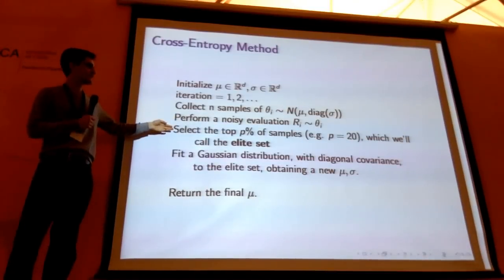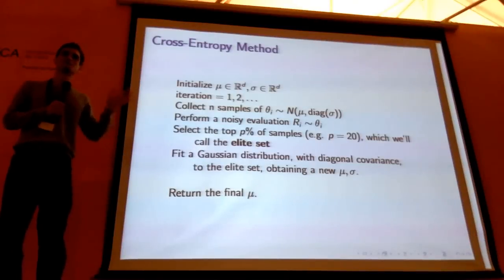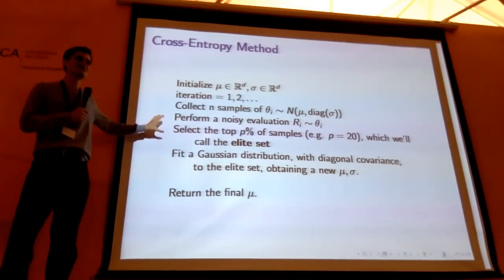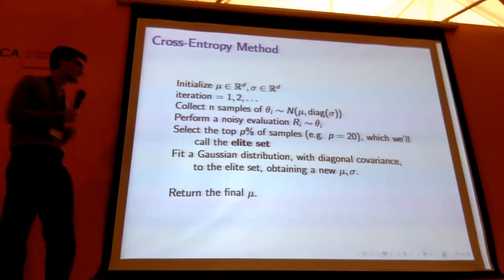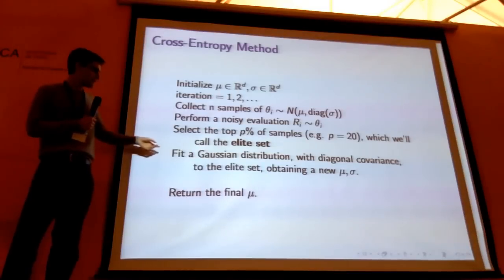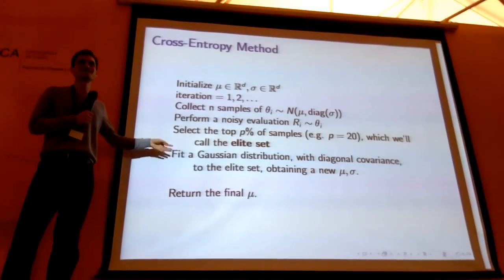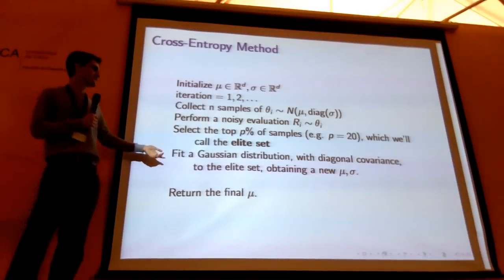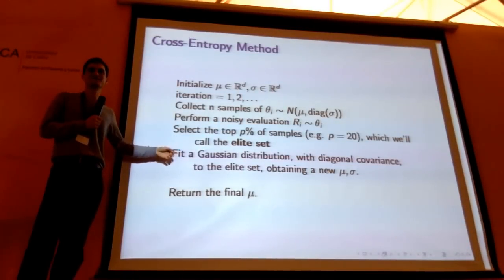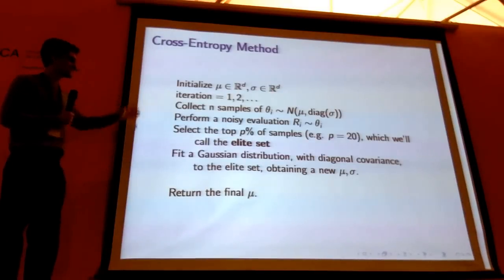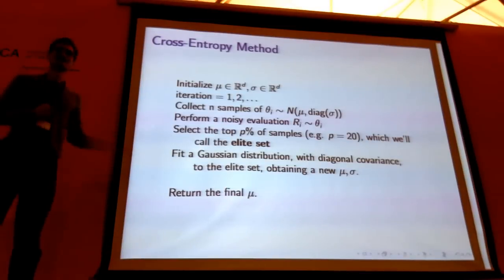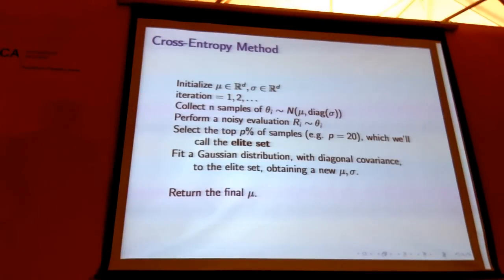Then we take the top 20%, or top P percent, and we call this the elite set. These are like the individuals with high fitness in evolutionary parlance. Then we fit a new distribution to the elite set, updating the mean and the covariance to maximize the likelihood of the elite set. So this is ridiculously simple, right? And at the end, your best parameter vector is just the mean of that distribution.